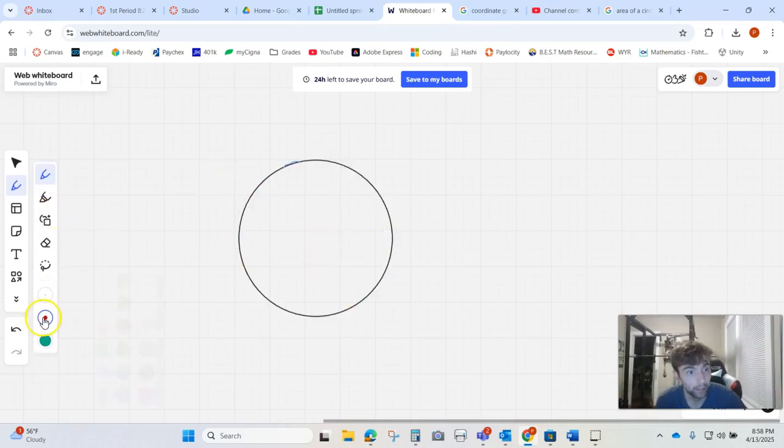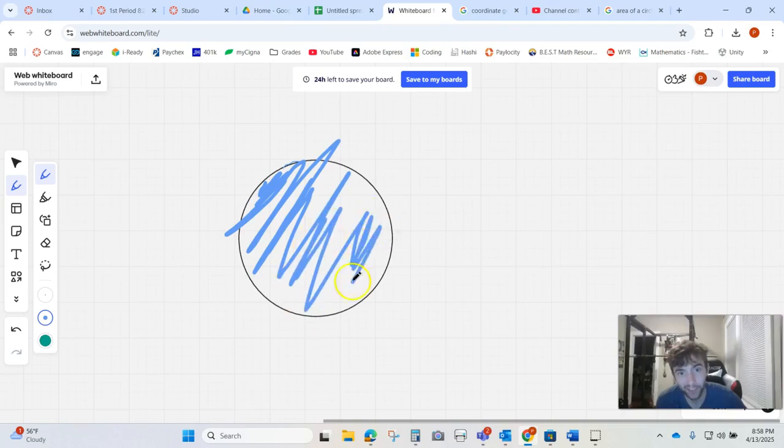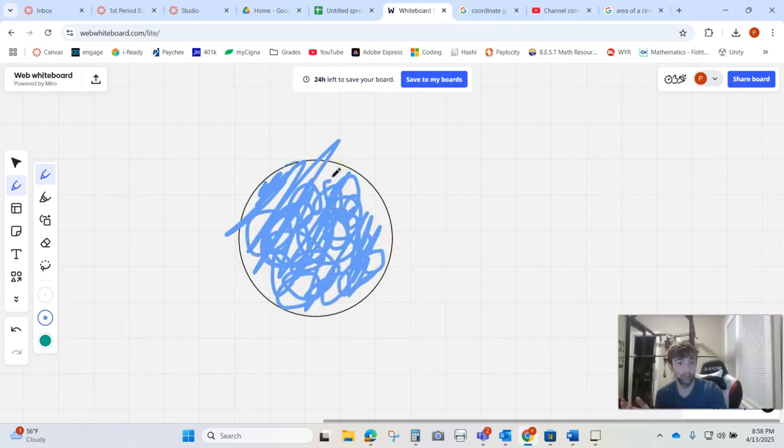The area of a shape is how much space is inside. So the circumference of the circle is the outside, like the fence. The area of the circle is the space inside, like the fields where all the cows and the horses run around and play.